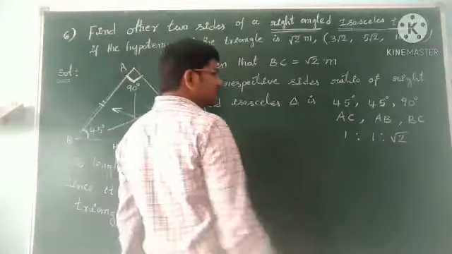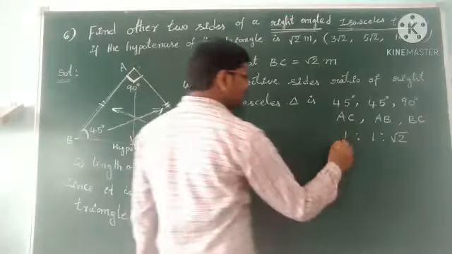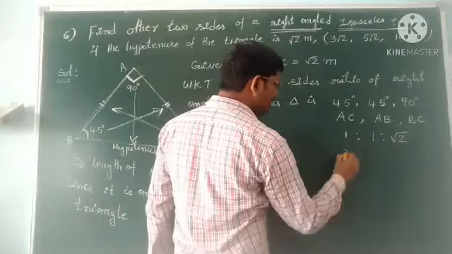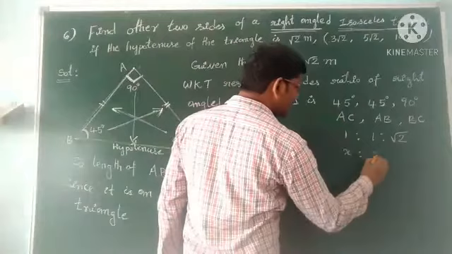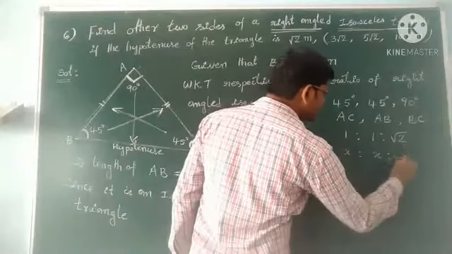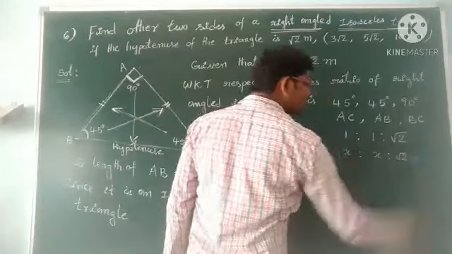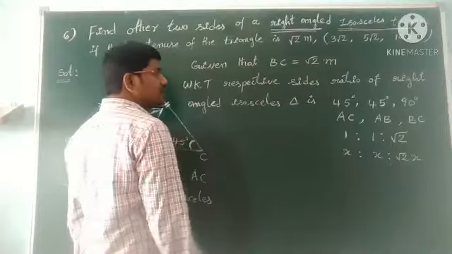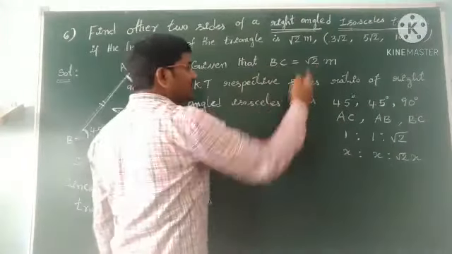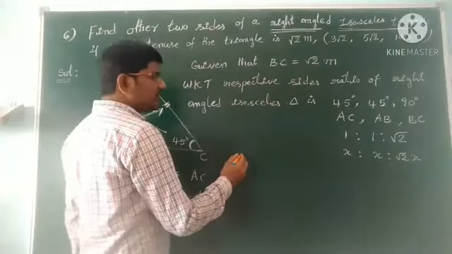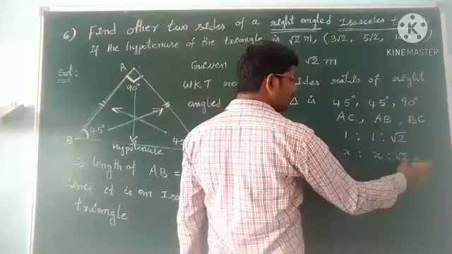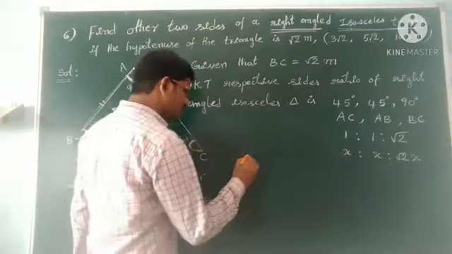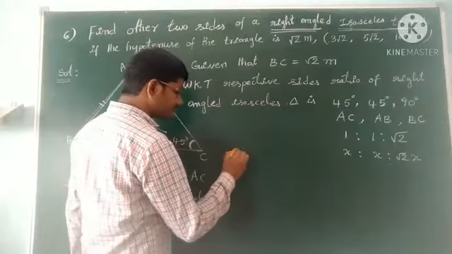If AC length is x, that is 1 unit, then this length will become how many units, students? √2 into x. But from the data, BC is equal to √2 into x.